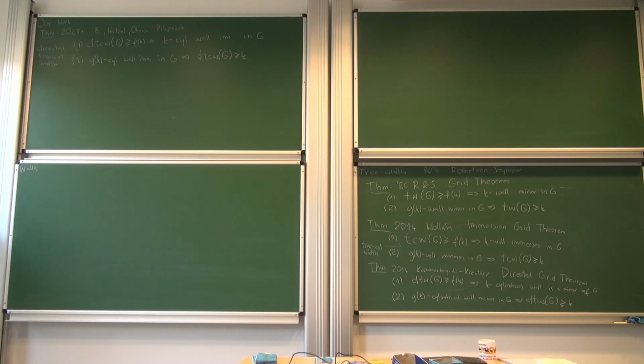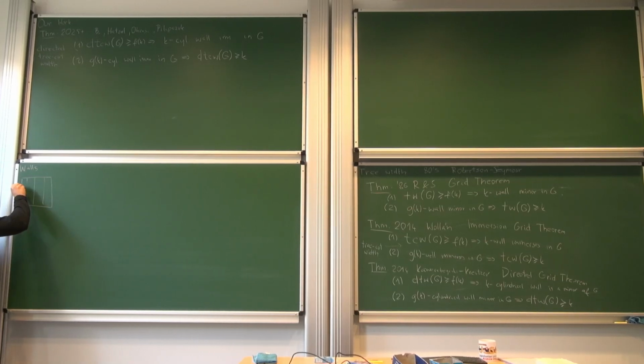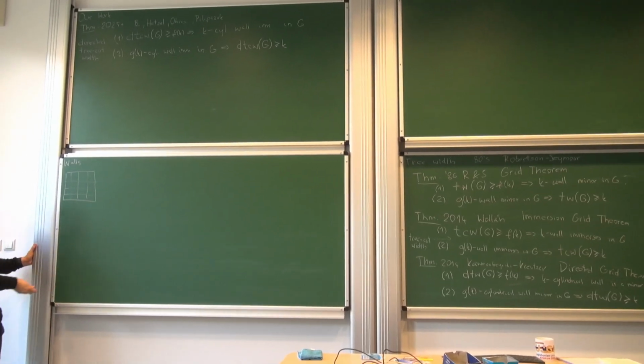So as I said, these are called grid theorems because usually they are stated in terms of having grids as minors and not walls. Well, the grid is the most basic, I would say, two-dimensional graph, namely this one.